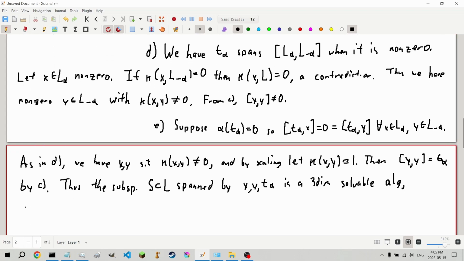With S isomorphic to its adjoint in L inside of the general linear Lie algebra of L. With the L adjoint of S nilpotent for all S in the derived algebra of this subspace.